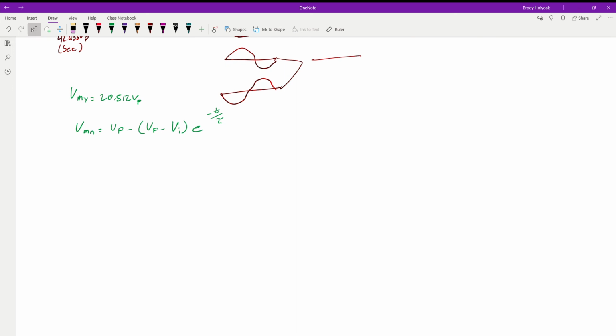So we're going to take this and input the values. So we have 0 minus the quantity of 0 minus 20.512 times e to the negative t, and t is the inverse of the frequency. So it's 8.33 milliseconds. Our tau is R times C, which is again the 22 microfarads times the 1 kiloohm.